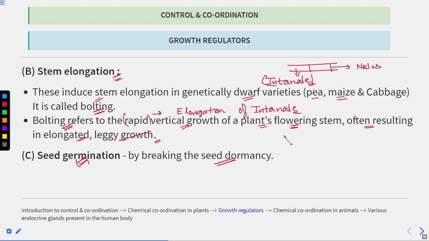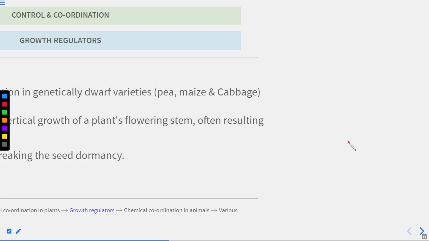By producing some chemical messengers, which later on interact with some other molecules, and it leads to the germination of the seeds. Clear?